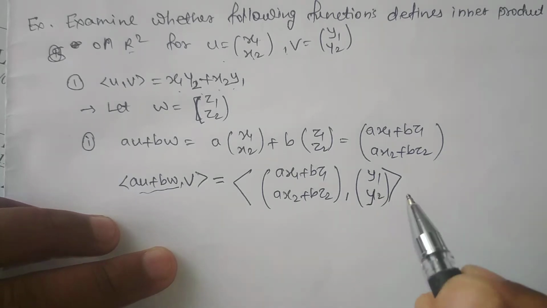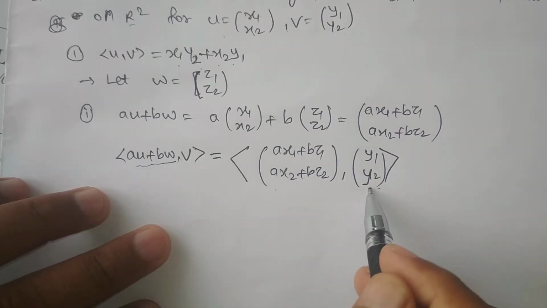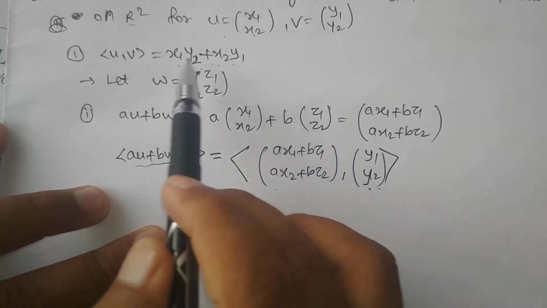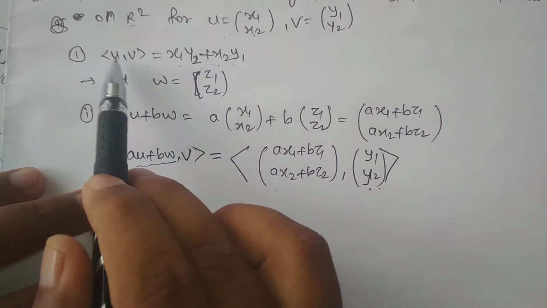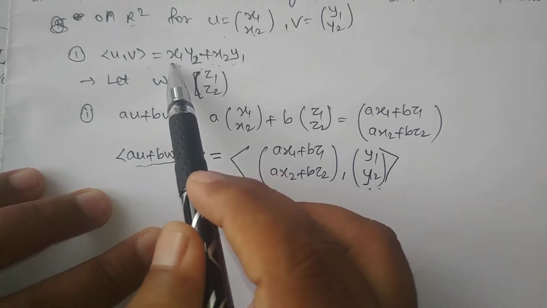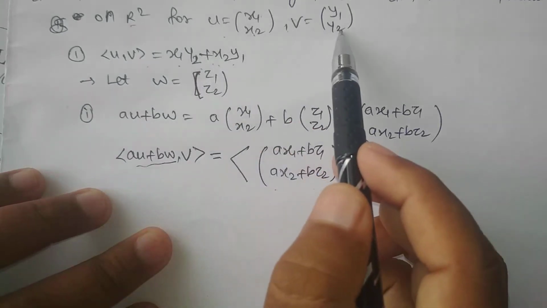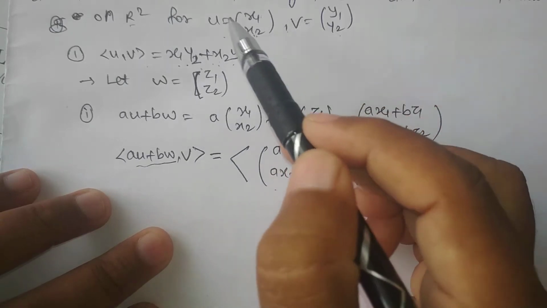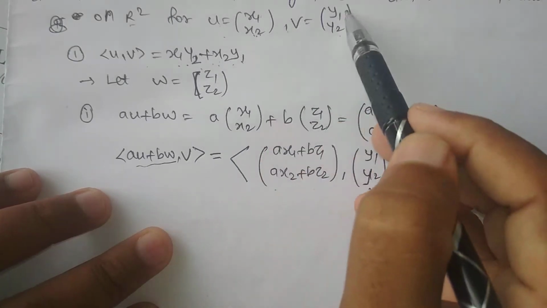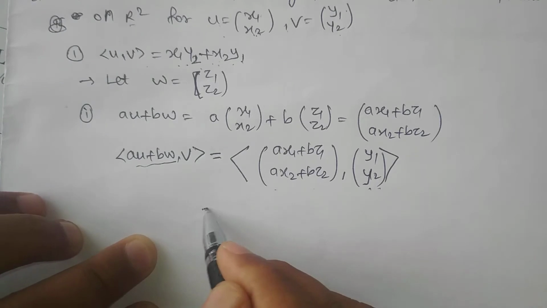Now to calculate this inner product, we have to use the definition: the first element of the first vector into the second element of the second vector, plus the second element of the first vector into the first element of the second vector. Same definition we have to use here.